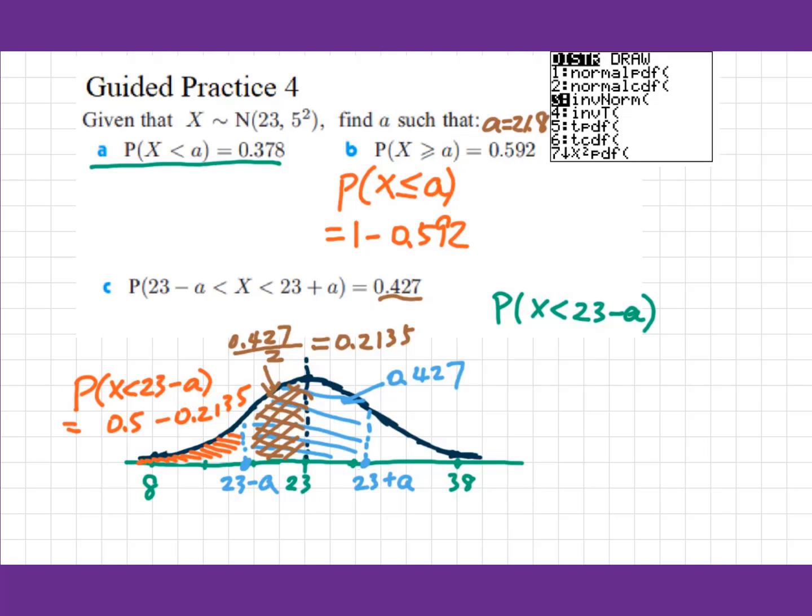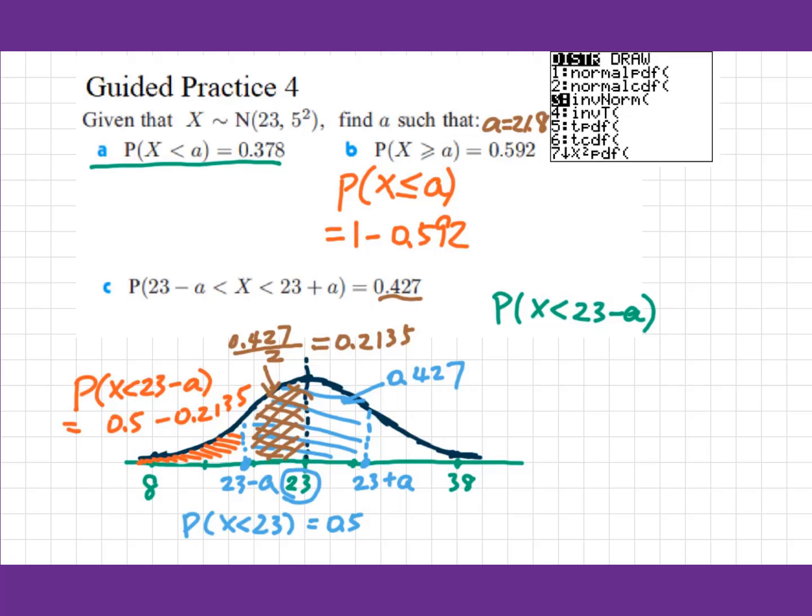Because this normal distribution curve is symmetric across the mean, 23. So when probability x less than 23, that equals 0.5.